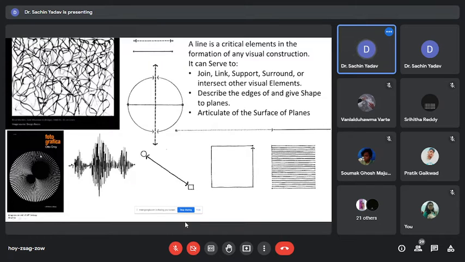You just see how this use of the lines defines the spaces. So with the help of lines, they are creating rhythm and movement.